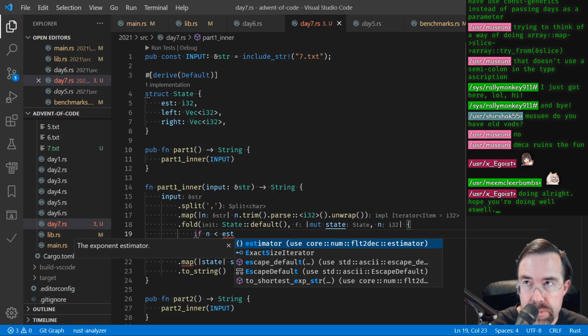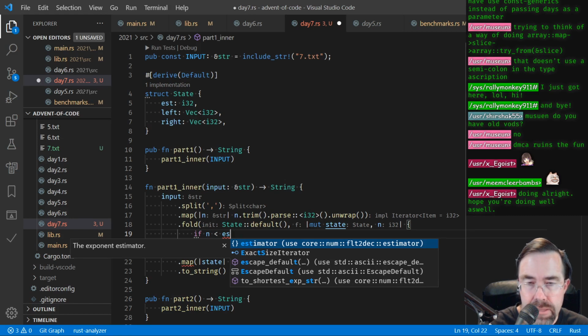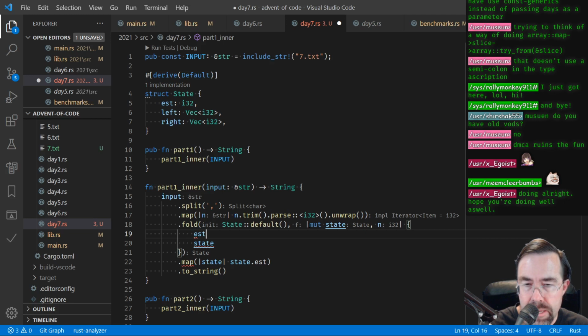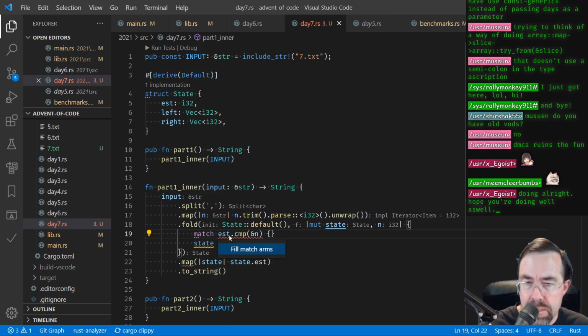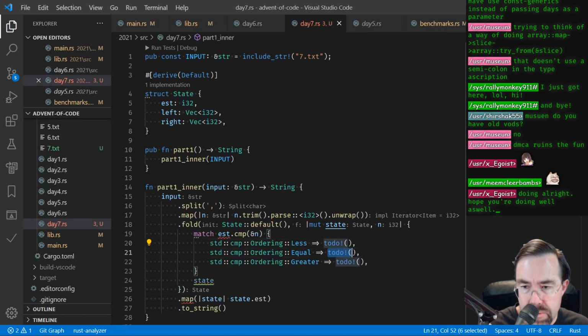That could be a special case. So we can just say estimate.compare n. With compare we do a borrow, and then match in front and fill match arms. If it's equal, we don't need to do anything.